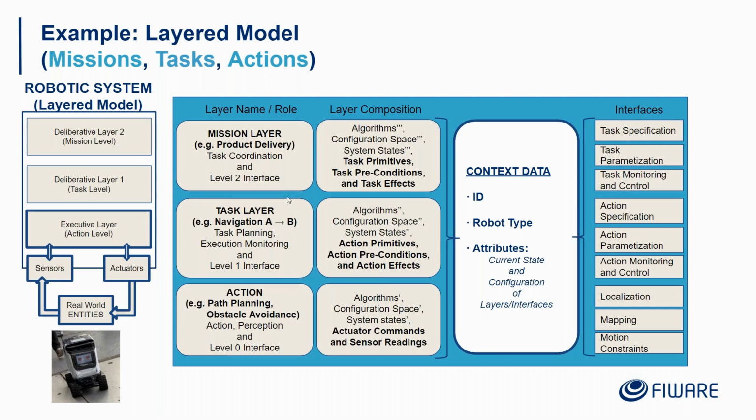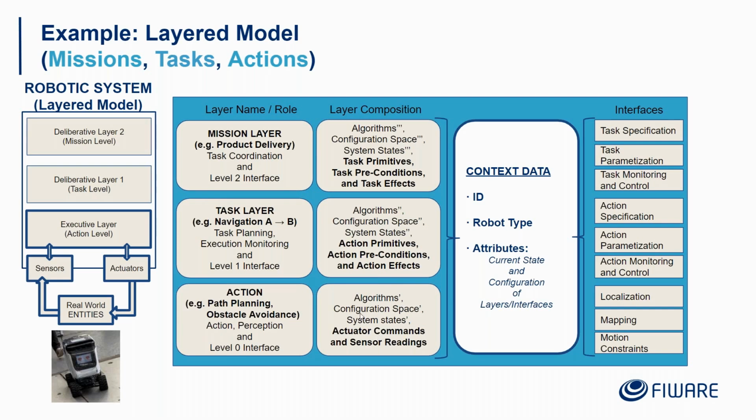What that means is that in each layer we produce and consume context to support algorithms, a particular configuration space, some system states, and at a high level we are focused on task coordination. At the middle level we are focused on tasks, so we are responsible for coordinating actions, and at the action level we are dealing with the actuator commands and sensor readings to ensure the convenient robot behavior.